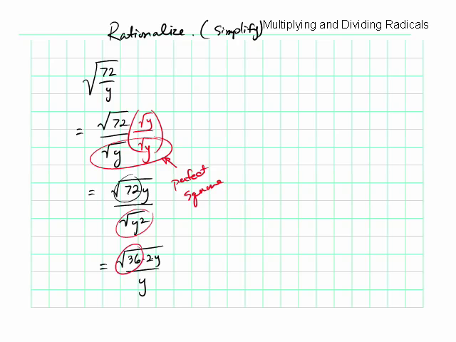And the square root of 36 is a 6. And so we should have left here as our answer 6 square root 2y in the numerator, all divided by a y. And there's our answer.